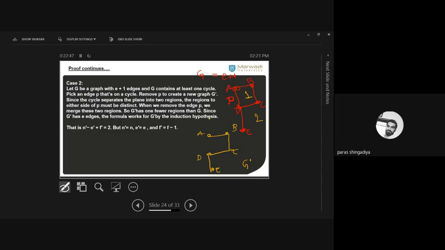So this formula N minus E plus F works for the G dash graph. We can recreate this formula as per the new notation. N dash is the vertex notation for G dash, E dash is the edge notation for G dash, and F dash is the region notation for G dash. So it will be N dash minus E dash plus F dash is equal to 2.